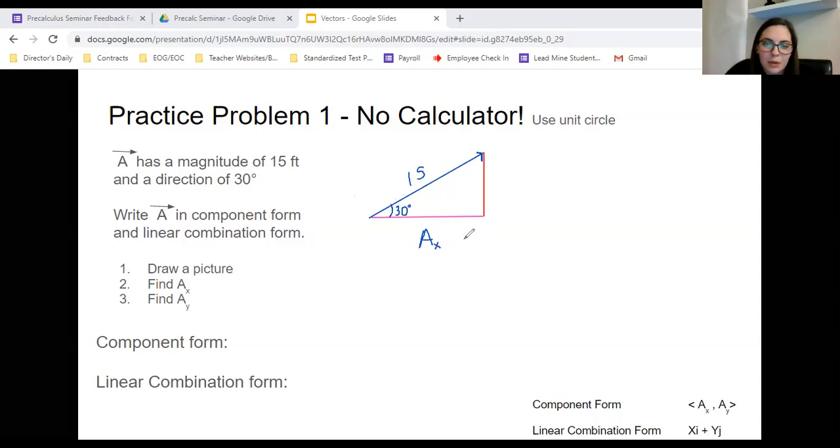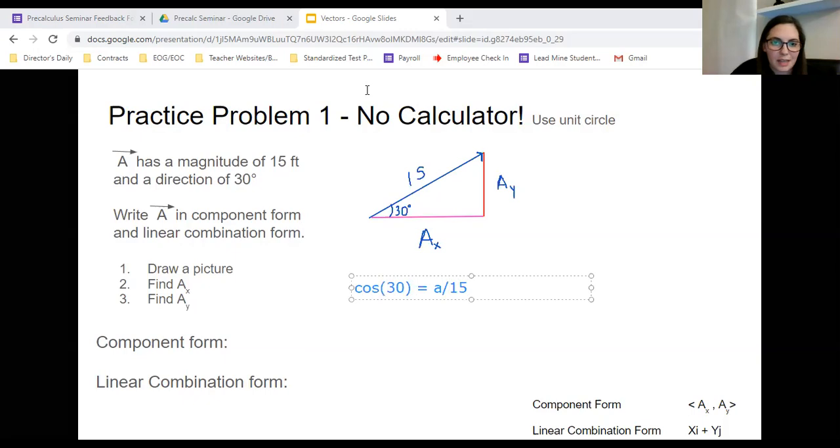So what I need to find is the x component of my vector and the y component of my vector. And I can do that by just using sine and cosine. So to find my x component, we'll do the x component first. I'm going to do cosine of 30. And we know that cosine is equal to adjacent over hypotenuse. And in this case, our hypotenuse is 15. So I can go ahead and solve this out.